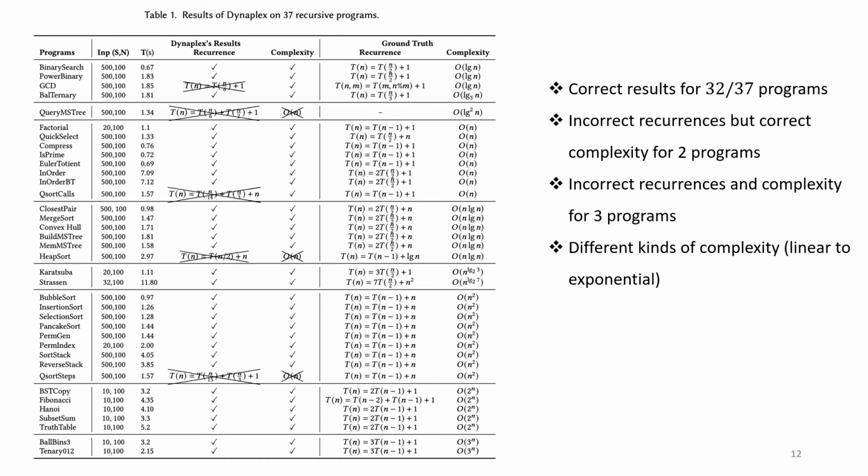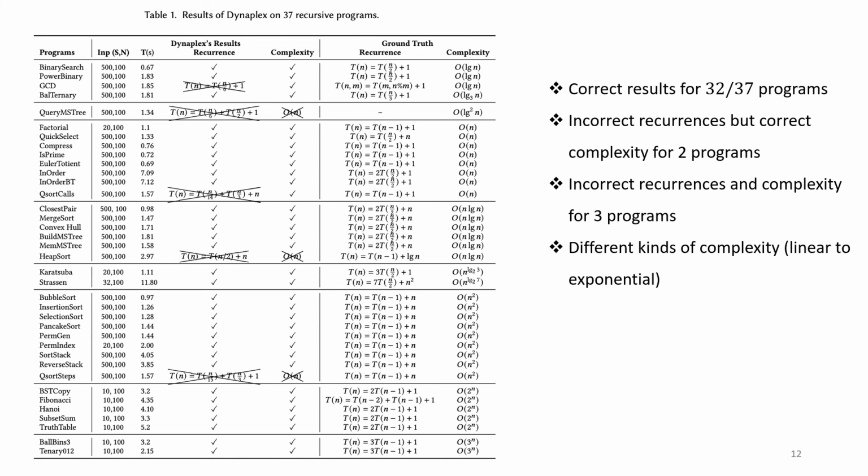We ran Dynaplex on these 37 recursive programs and collected the results in the table on the left. Dynaplex was able to compute the correct complexity for 32 out of 37 programs.